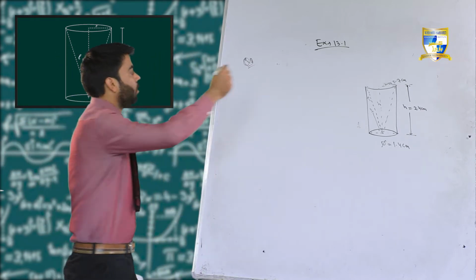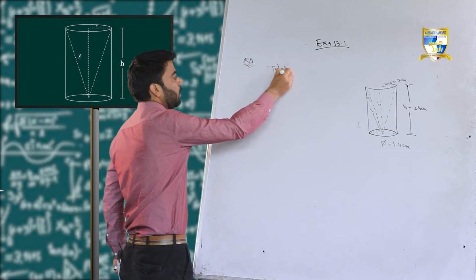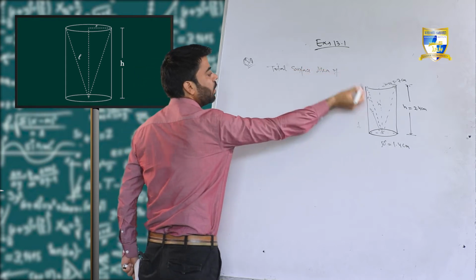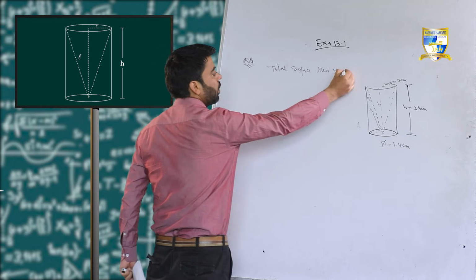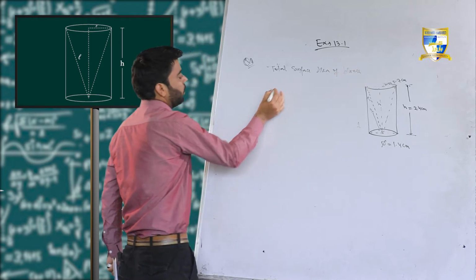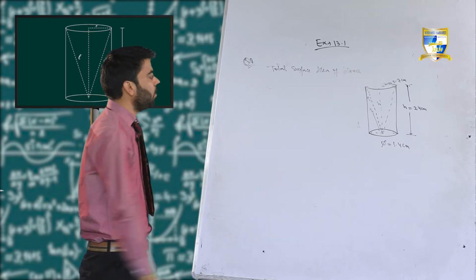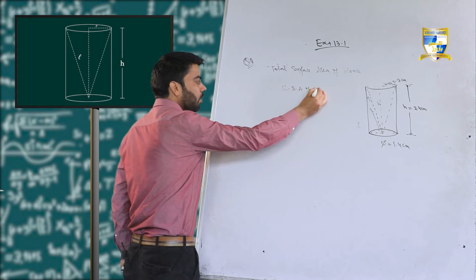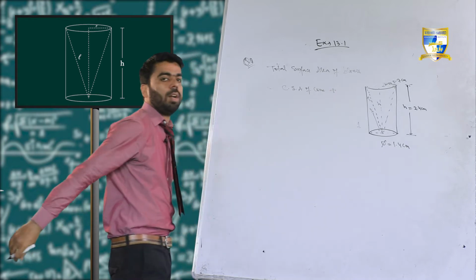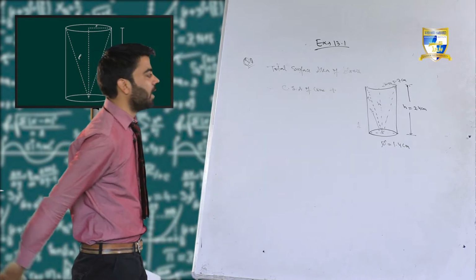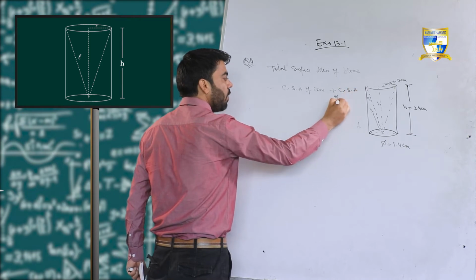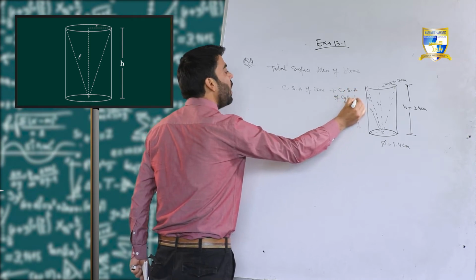The total surface area of this block will be equivalent to the curved surface area of the cone, plus the curved surface area of the cylinder, and what else?